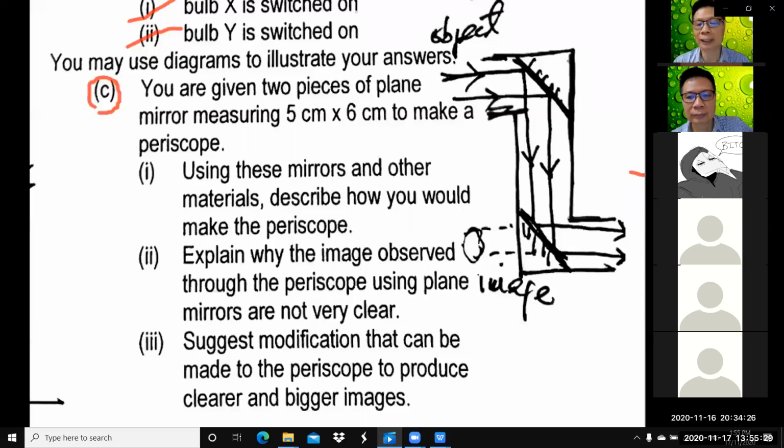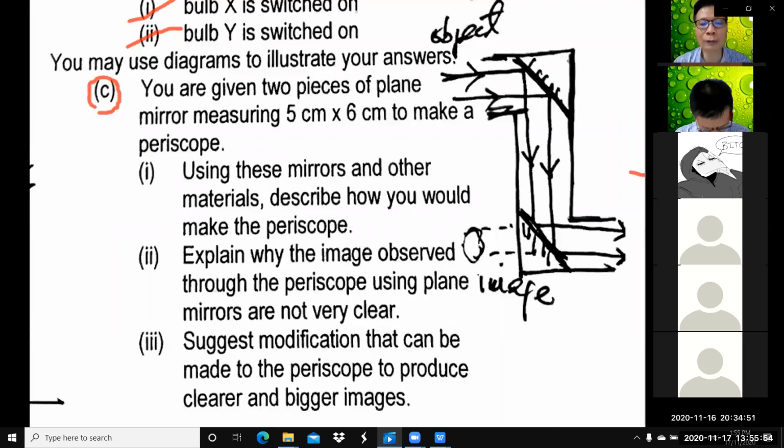Everything you just say as shown in the diagram. That's why the diagram is very important. That's all. So this is how you make the periscope.